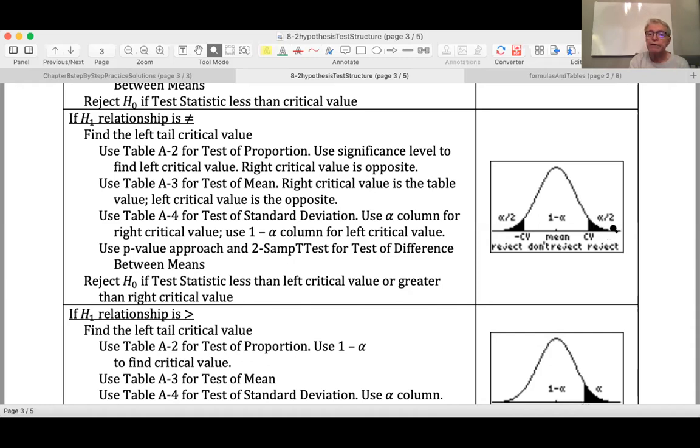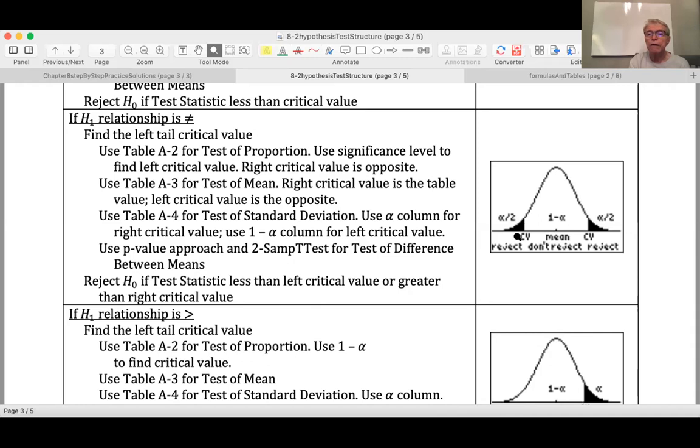The area underneath the curve to the right of the right side critical value is going to be half of alpha. The probability of getting a test statistic greater than the critical value there, under the assumed value, is going to be half of alpha. And then on the left, half of alpha to the left of the left side critical value.